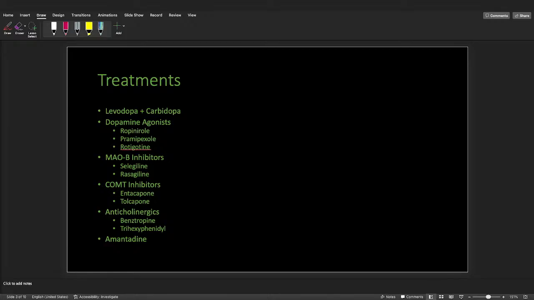Of all of these, I feel like you're going to see the whole big picture with some of these classes. The monoamine oxidase inhibitors and the COMT inhibitors, the catechol O-methyltransferase inhibitors, are very similar in terms of mechanism.